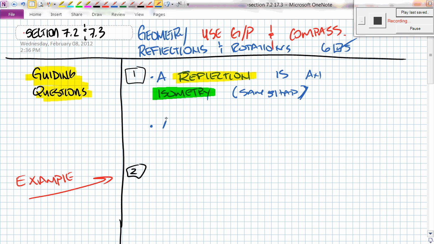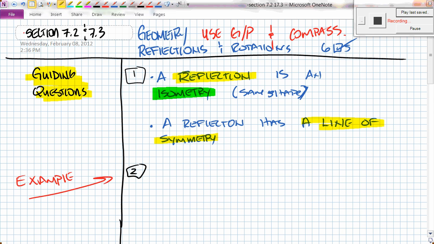And a reflection has what's known as a line of symmetry. So, two things about a reflection: a reflection is an isometry, and every reflection has what's known as a line of symmetry.